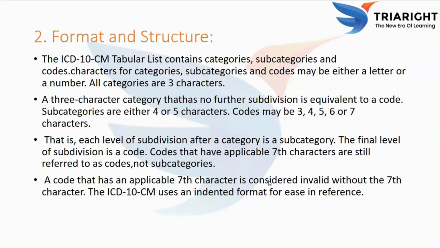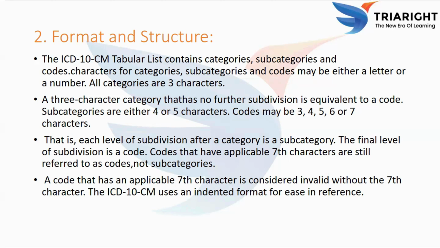So what is the format and structure of ICD-10? What is the basic structure? ICD-10 codes are made up of categories, subcategories and codes. Each category has 3 characters, right? They may be letters or numbers. These can also be expanded with more characters to add specific detail. So how many characters are there in ICD-10?